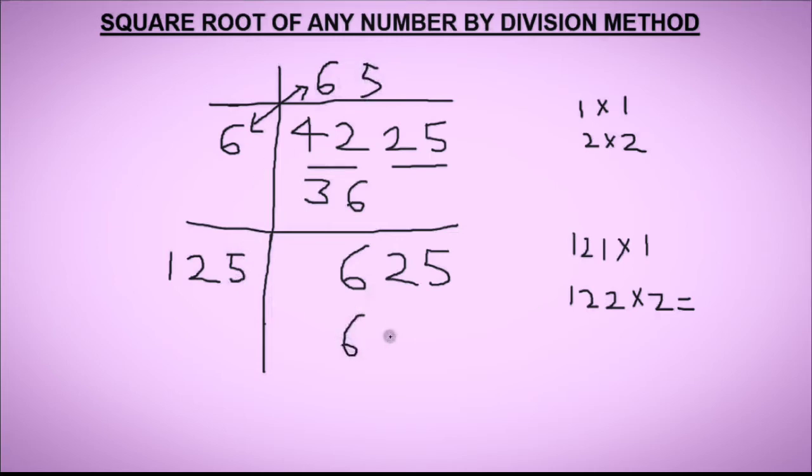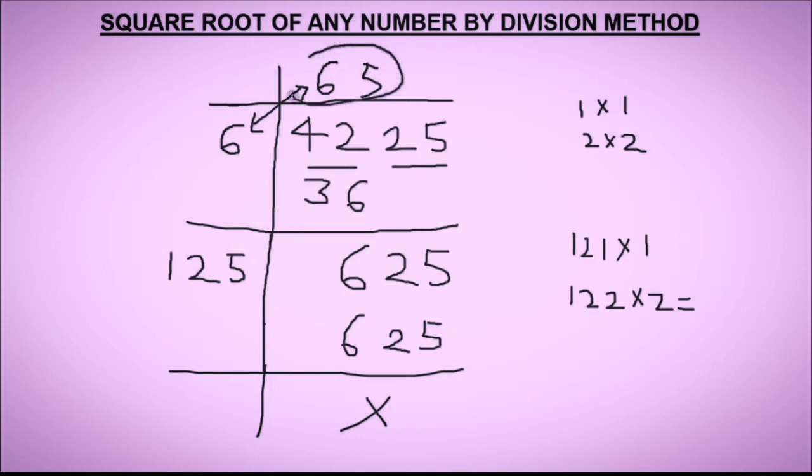Now 625 will be the multiplication, and if you subtract you will get nothing. So we have got our final answer. 65 is the square root of 4225. I hope you have understood.